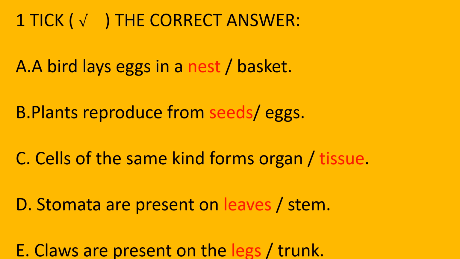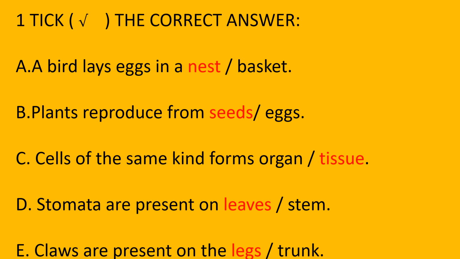Children, birds are egg-laying animals. They are feathered, winged animals with a beak. A bird's body comprises a head with a beak, a trunk with wings and feathers, and legs with claws.